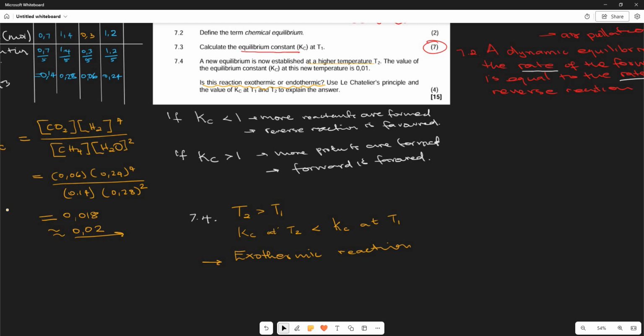The points that we have raised are the reasons why we chose the forward reaction as being exothermic. So in that case, we would say, what do we observe?